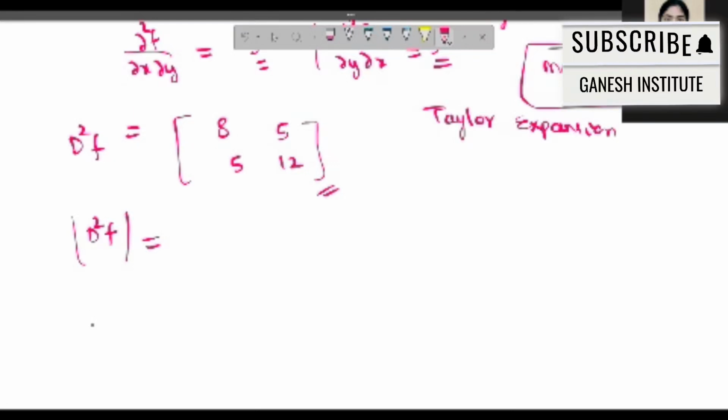Its determinant is 8 into 12, that is 96, minus 25, which is 71. So it is positive. Now, what is the significance of having a positive number or negative number?